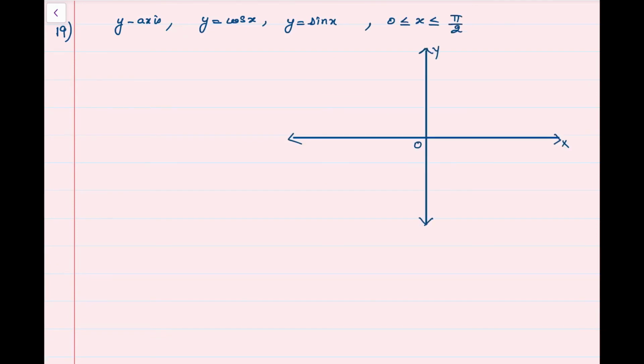Question 19. The area bounded by y-axis, y equal to cos x and y equal to sin x, when 0 less than or equal to x less than or equal to pi by 2. Sin 0 is 0, sin 90 is 1.